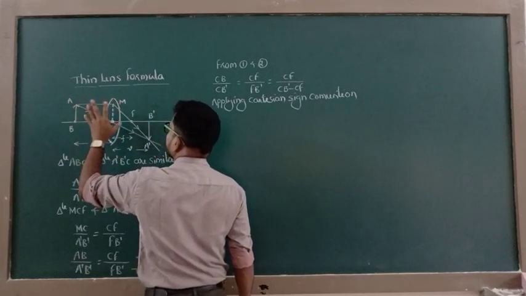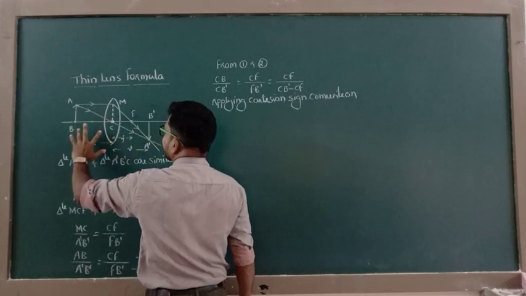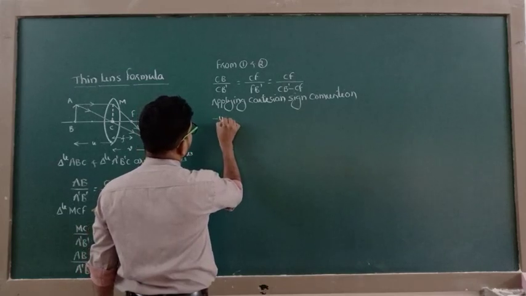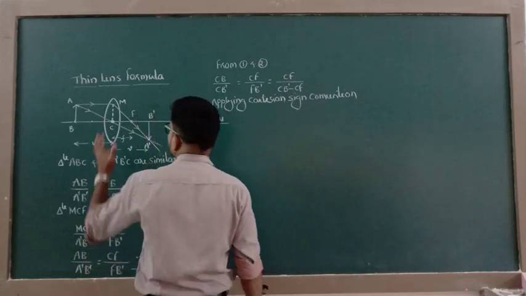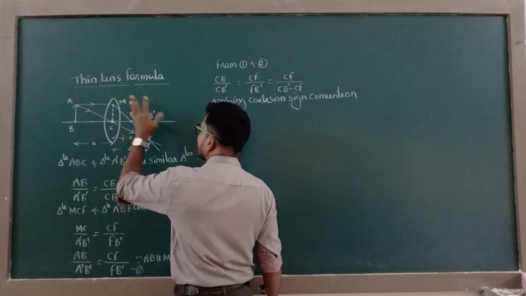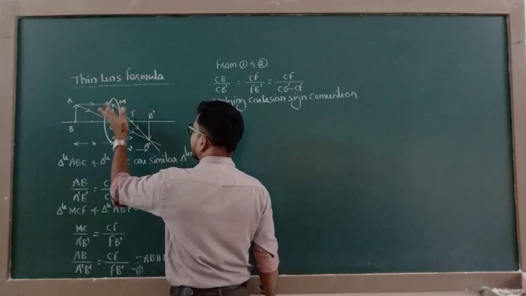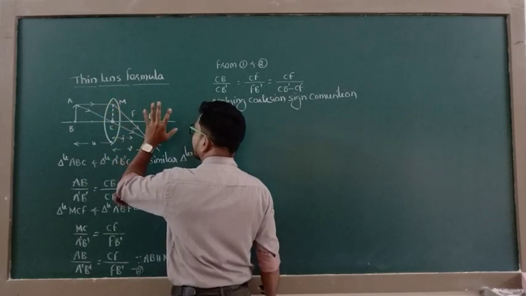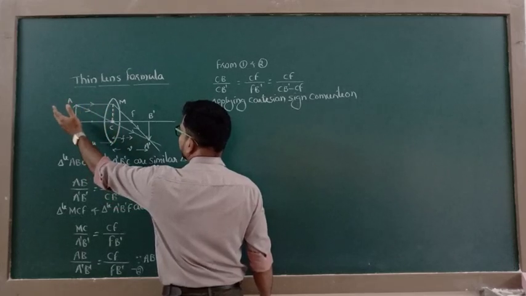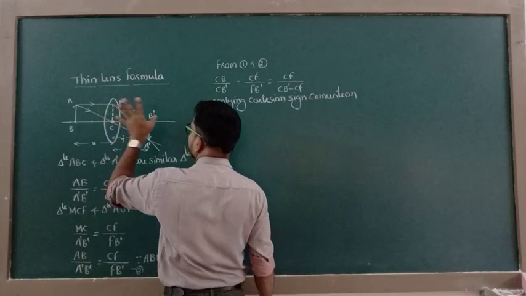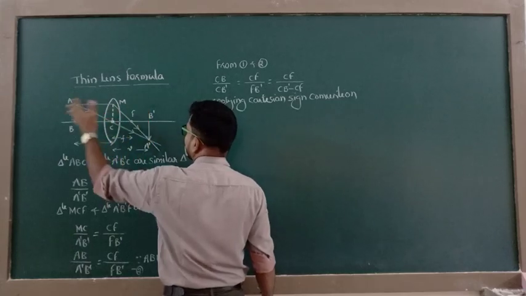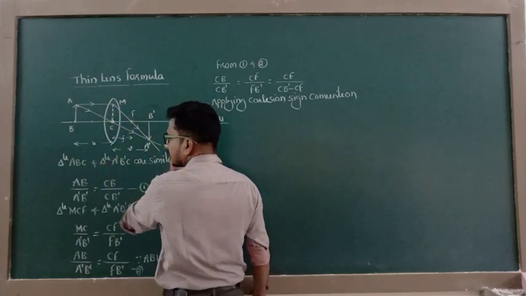Therefore, this measurement is opposite to the direction of incident light, and hence this distance is negative, minus U. Now CB dash, also measured from the optical center, has direction of measurement left to right, and the direction of incident light is left to right, both in the same direction.